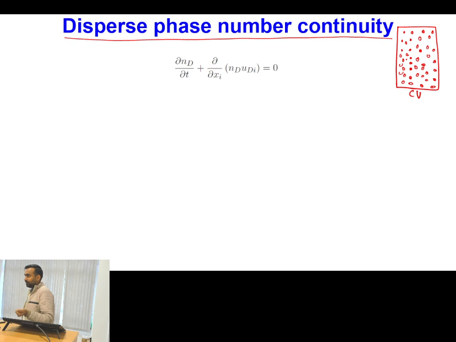Is this one clear? So, what will happen if I assume that all my particles are actually solid? If all the particles are solid, then what will happen?